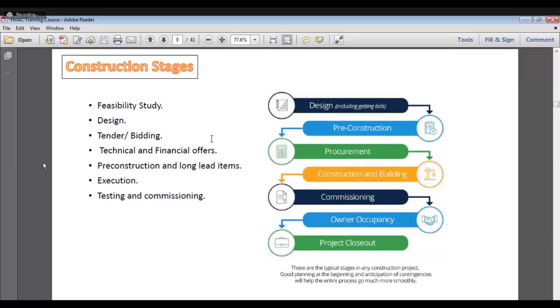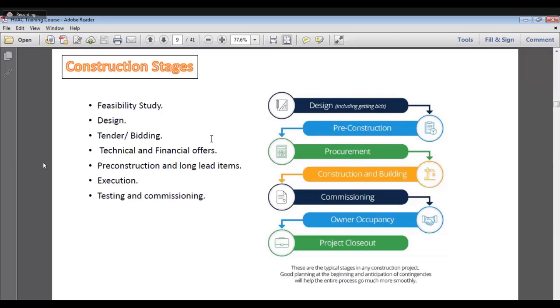After the project is executed, the consultant and the contractor participate in testing and commissioning of all installed equipment. When everything is okay, we have finished the execution, the testing, and the commissioning, the owner opens the building, whether an office building, educational building, or hospital, and people start to use the building.